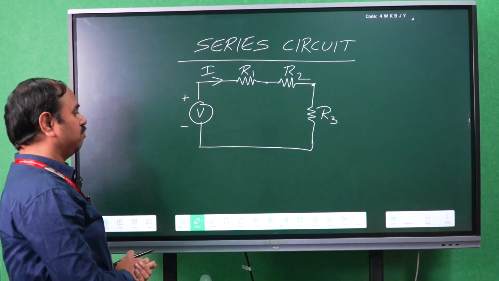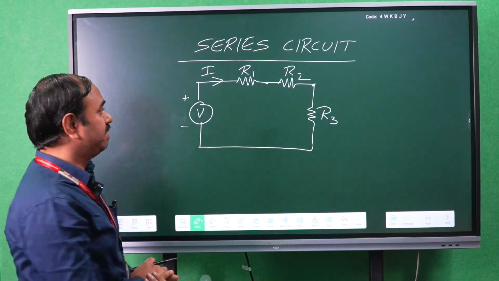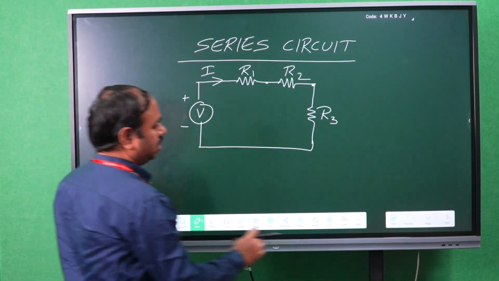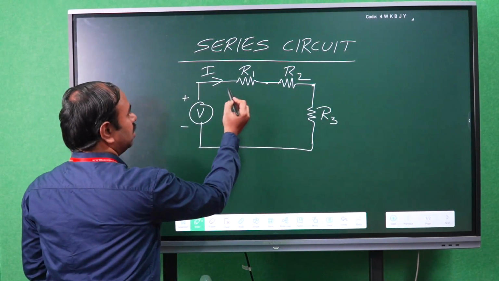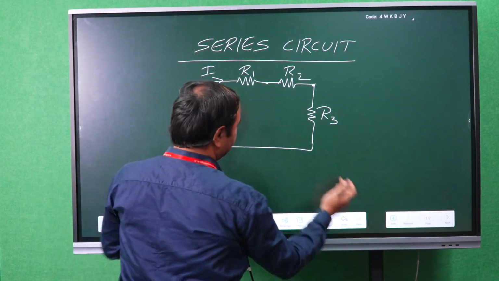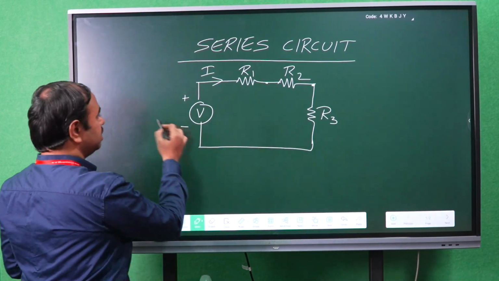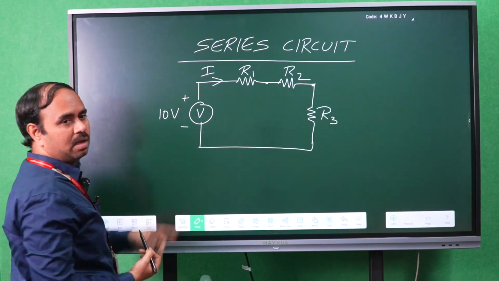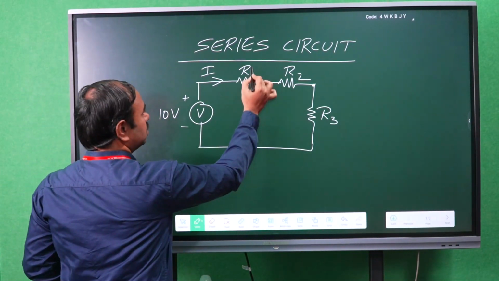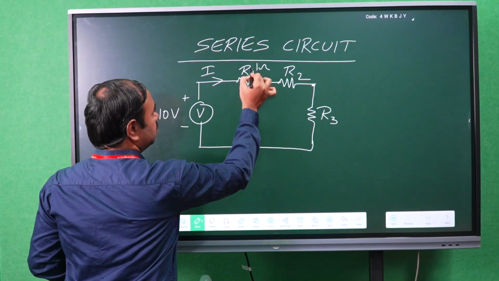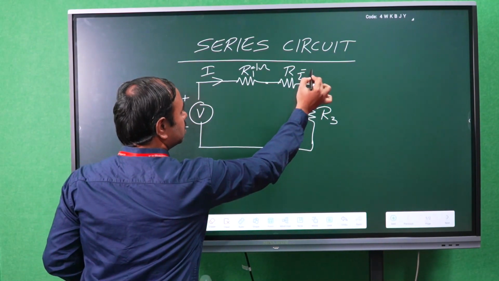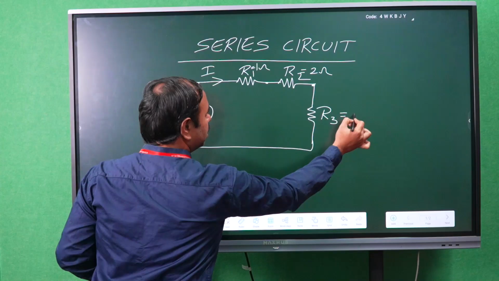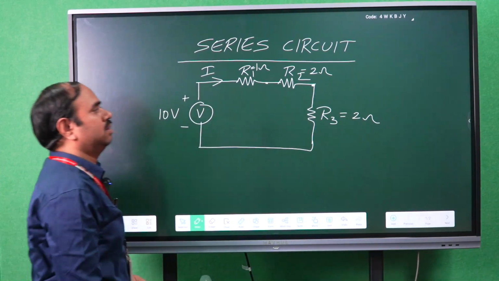Now let me explain with one example. For example, the voltage is, say, 10 volts. R1 is 1 ohm, R2 is 2 ohm, R3 is 2 ohm.